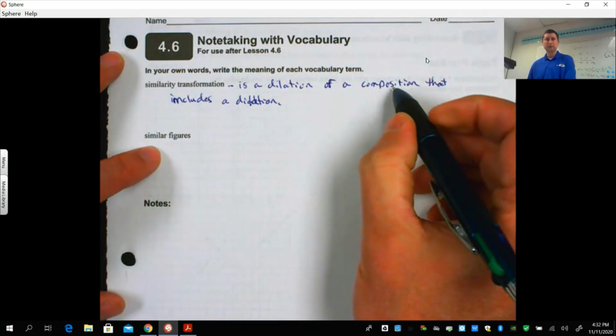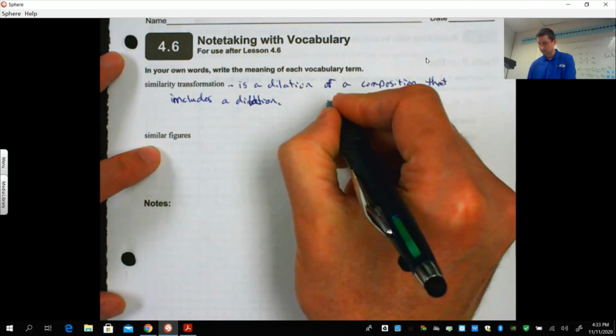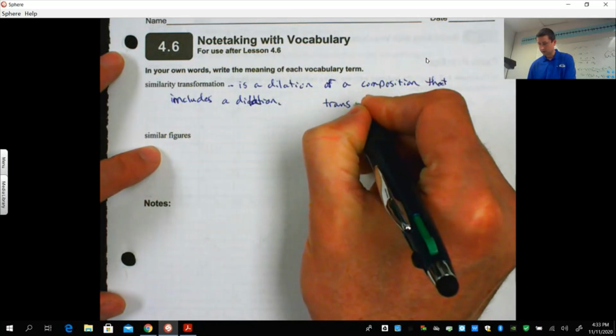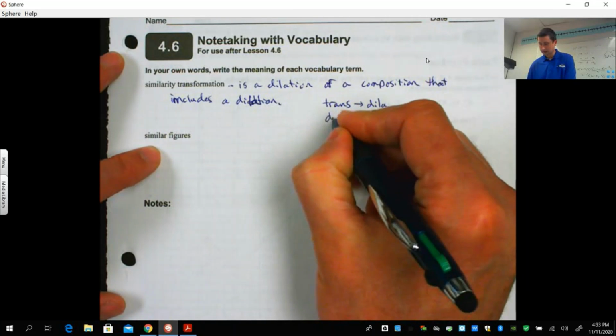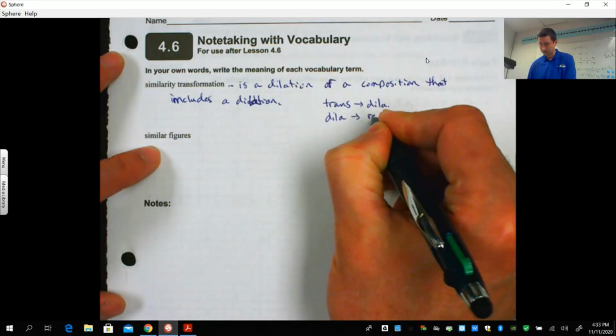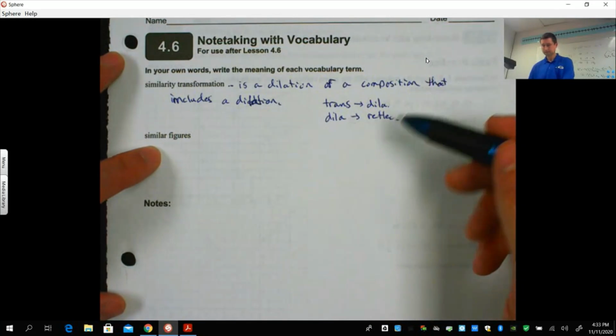Okay, remember a composition is one, two, or more. It could be a transformation followed by a dilation. It could be a dilation followed by a reflection. Those are all compositions. Okay, when you do one, then the other.